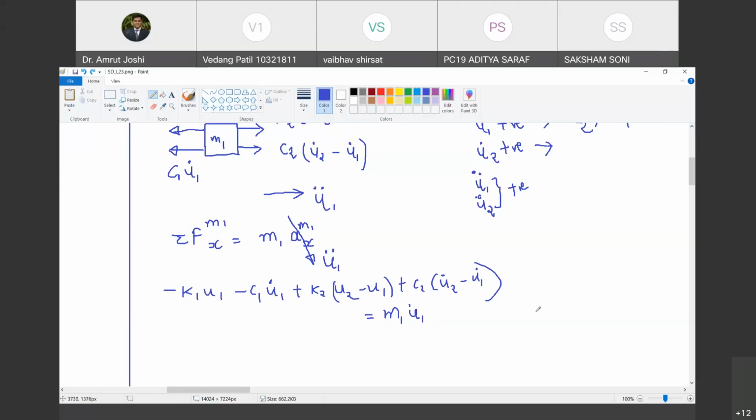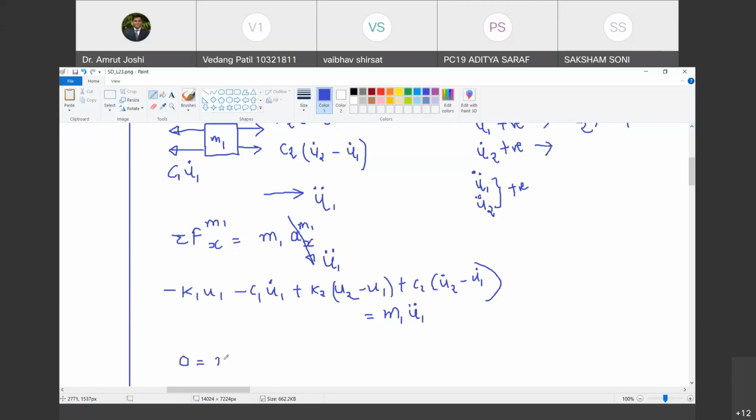Happy? Okay, sir. And on this side, left hand side will remain 0. So I will write it as 0. All the quantities go on the other side. 0 must be equal to. When these quantities go on the other side, there is a change of sign. And I am collecting the terms of U1, U1 dot and U1 double dot together. Are you with me? Yes, sir.